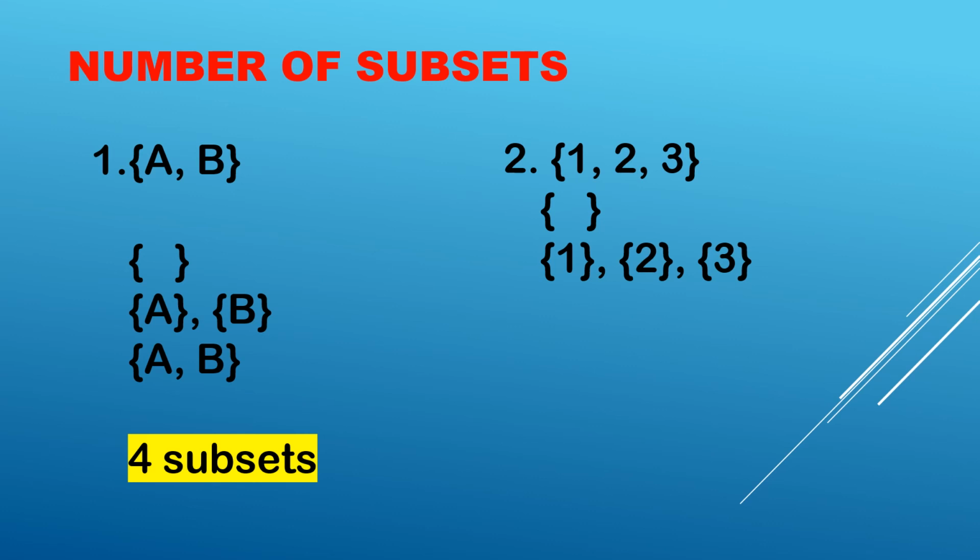Next, let's have the combination of 2 elements, or kung letters pa, the combination of first 2 letters. So in this combination of 2 numbers, we have here 1, 2, 1, 3, and 2, 3.